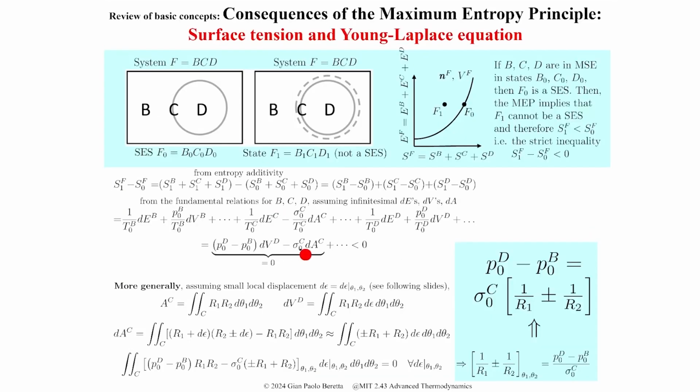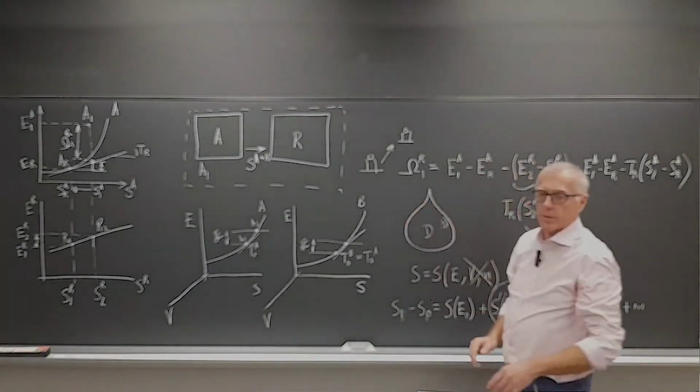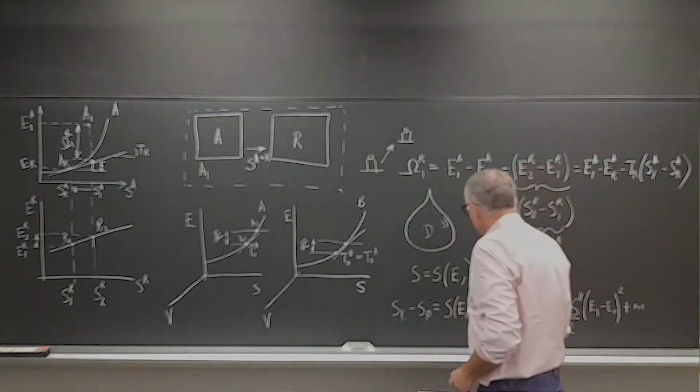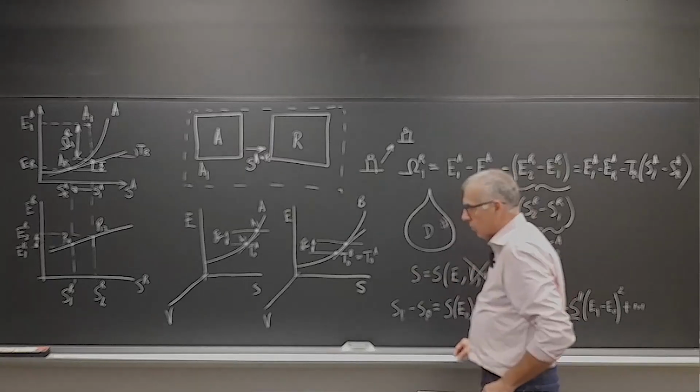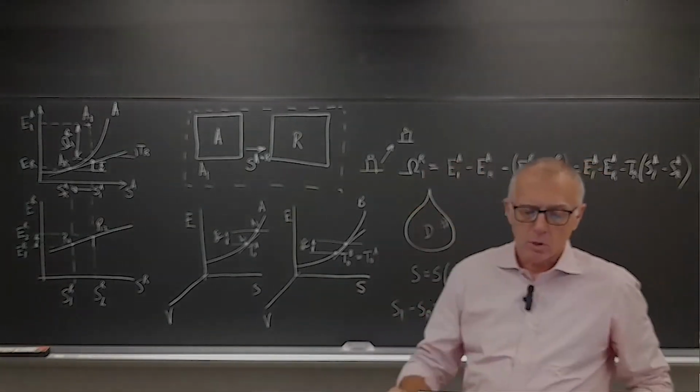Okay? So if we go back to our picture here and try to compute these areas and this changing volume, we have to integrate over the entire surface. That's why I need a double integral over some variables, theta 1 and theta 2, a way to describe local angles.